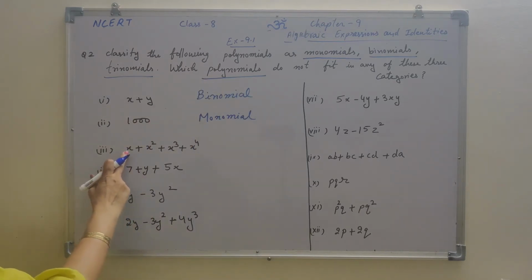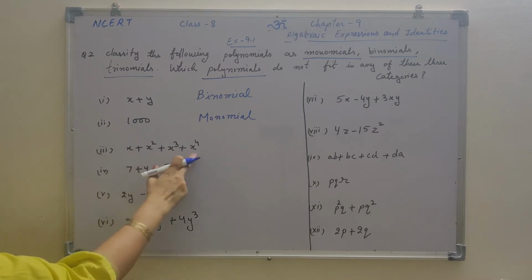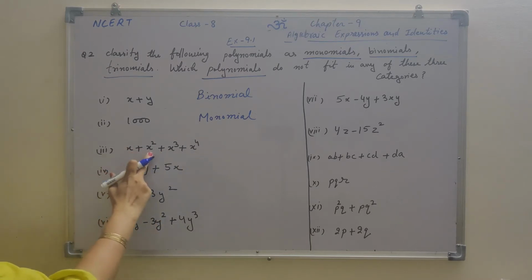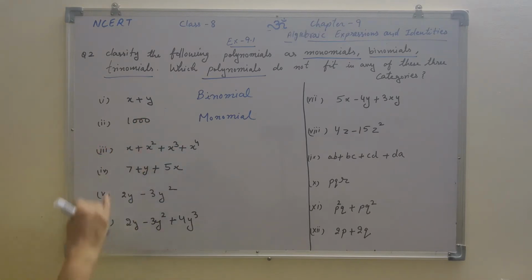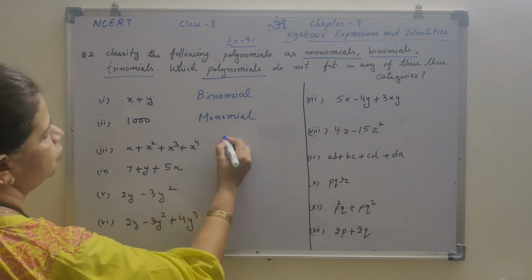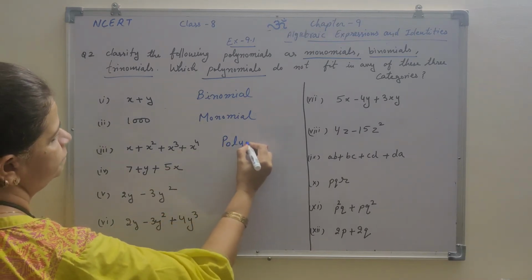Next we have x plus x cube plus x3 plus x4. Here we have 1, 2, 3 and 4 terms. Four terms means more than 3 terms, we give them a general name, so it is called a polynomial.